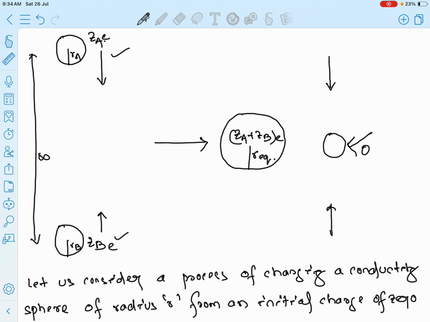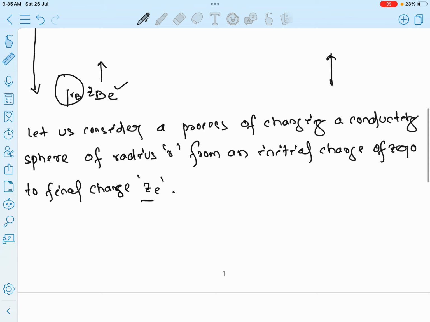But when the charged particles are in proximity to each other, a charged particle is formed whose charge is equivalent to ZE.